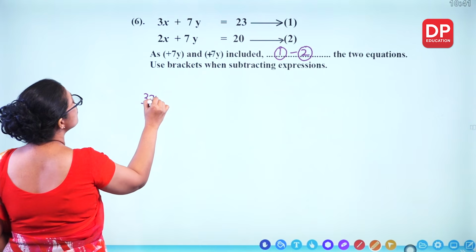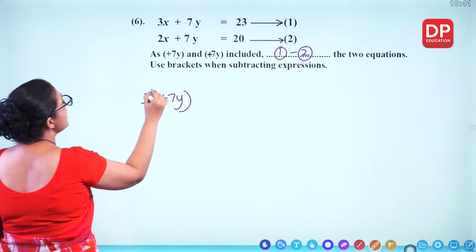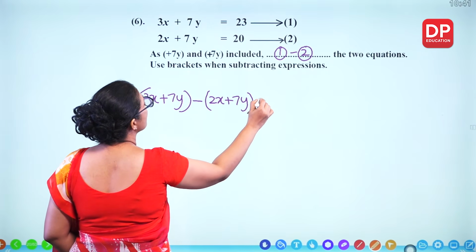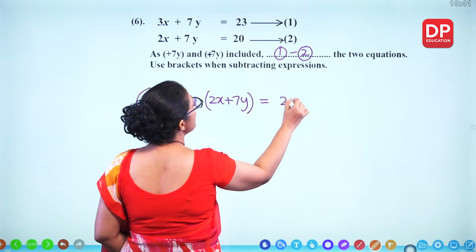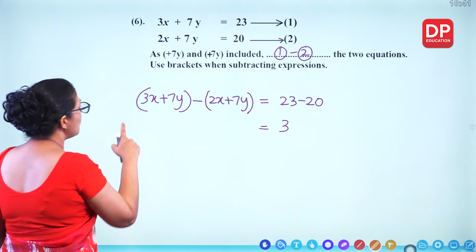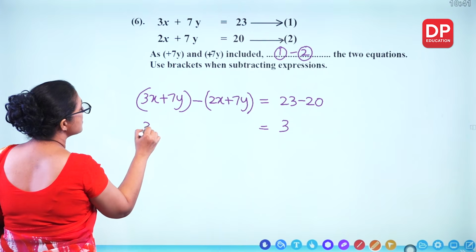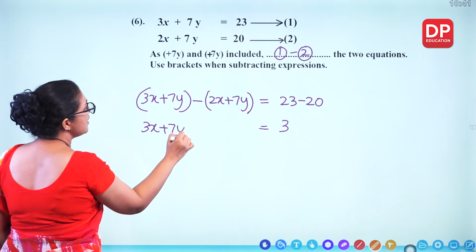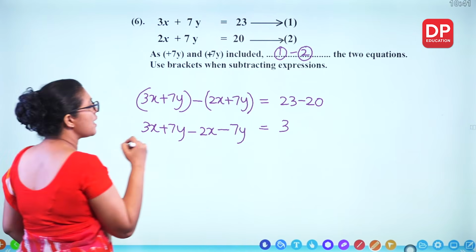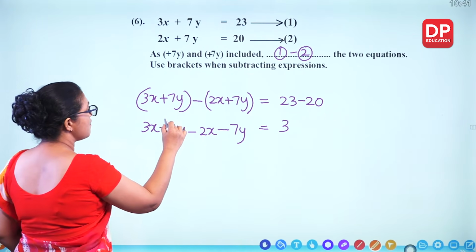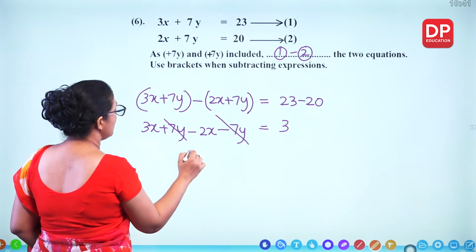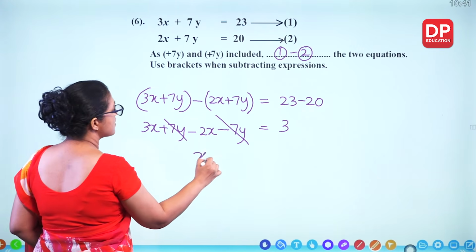So equation 1 minus 2: 3x plus 7y minus (2x plus 7y) equals 23 minus 20. That's 3. Now get rid of this bracket. Multiply by 1 here, multiply by minus 1. So both become minus. Now 7y gets cancelled out. 3x minus 2x, you get x.